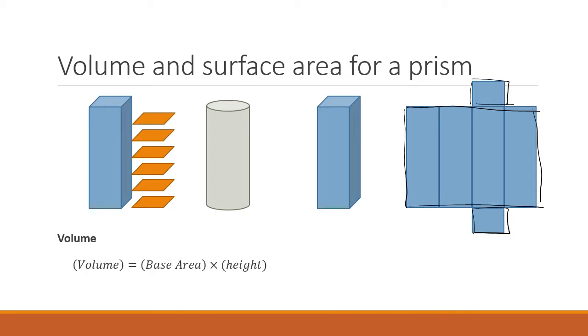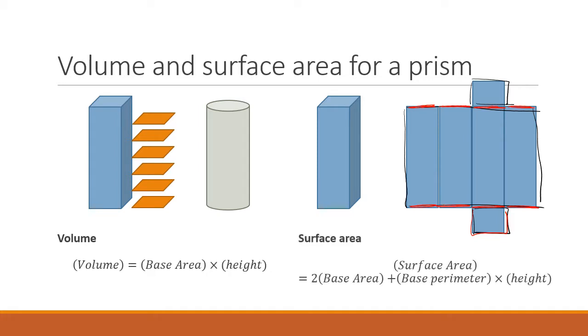And for lateral faces, if you look at the length of one of the sides, you realize that it is the same thing as the perimeter of the base. So the surface area, I can figure that out by finding the base area, multiplying that by 2 because I have 2 bases, then finding the perimeter of the base and multiplying that by the height, which is the rectangle that I'm seeing right here. And this is the area of the rectangle right here.